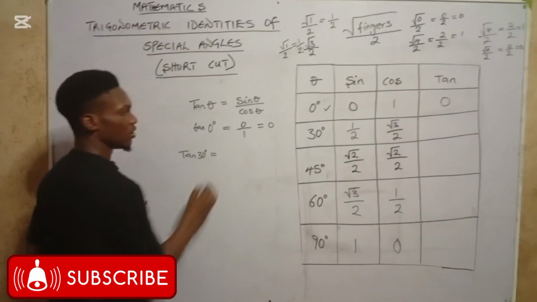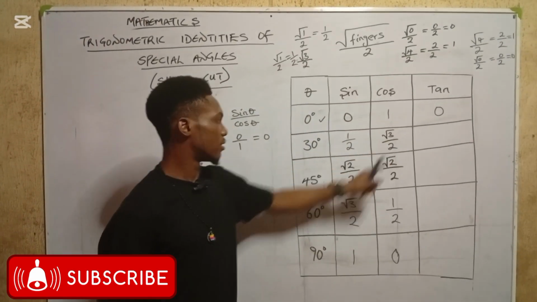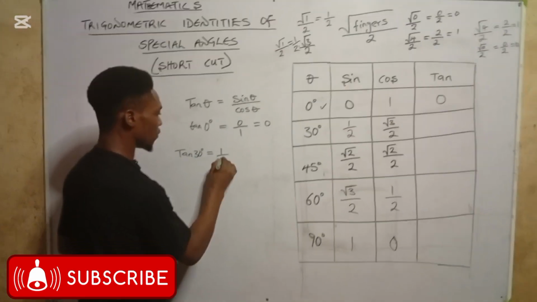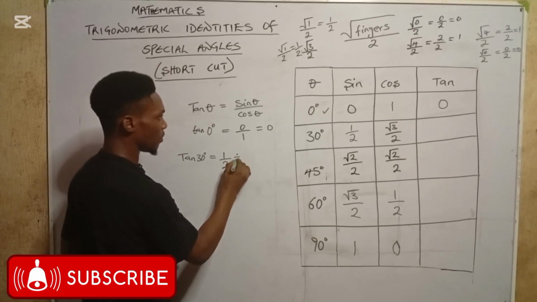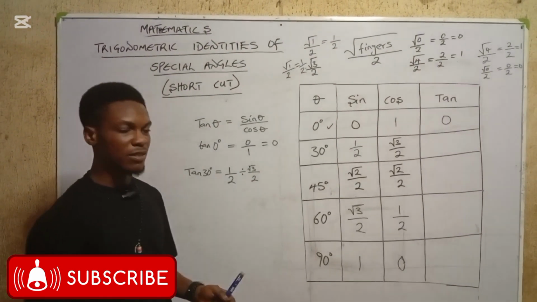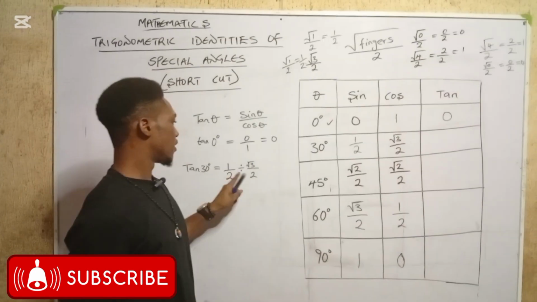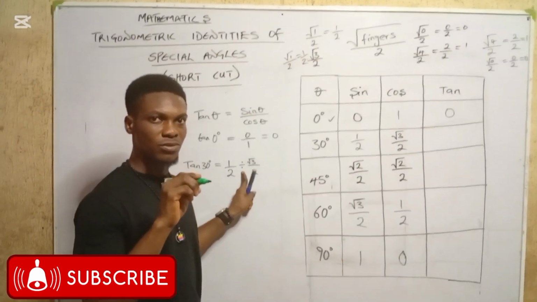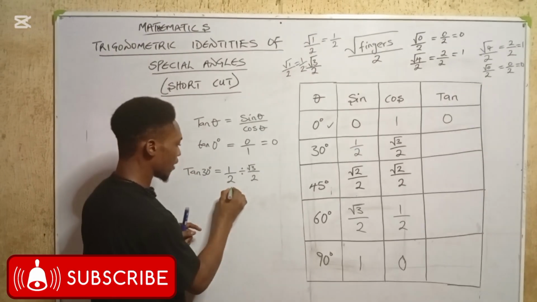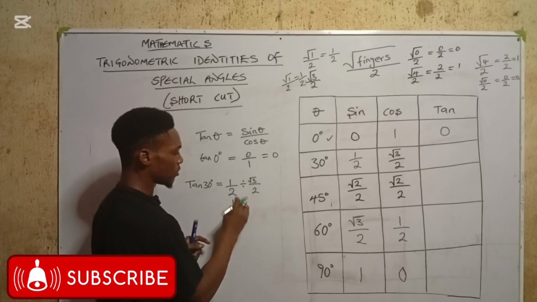Then tan 30 degrees is equal to sine of this divided by this, as 1 over 2 divided by root 3 over 2. Very simple. Don't panic about dividing this. Instead of using division, remove division and change it to multiplication. So we'll have 1 over 2 times, changing your division to times.